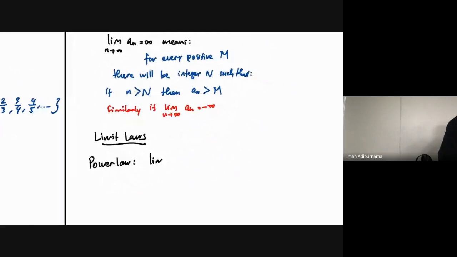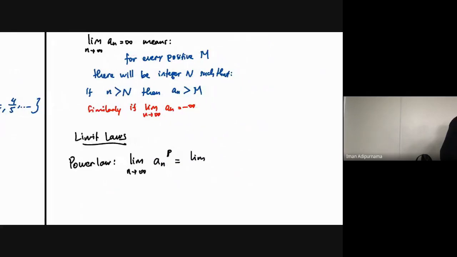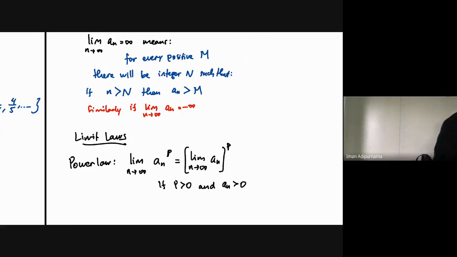So if you have a limit as n approaching infinity, with the power of p. Okay, so it means the limit, p. So if p is greater than 0 and an is greater than 0.